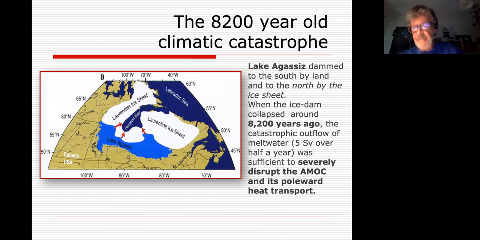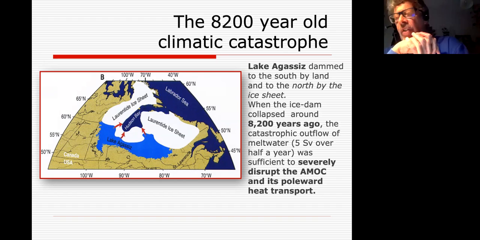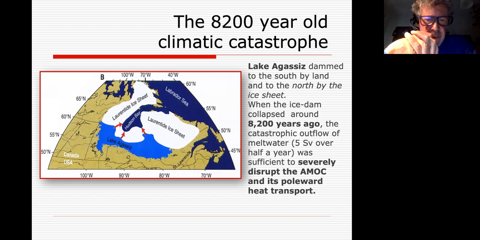And there are some interesting climatic records that show that this is quite a crucial parameter. We have to go back at least 8,000 years.